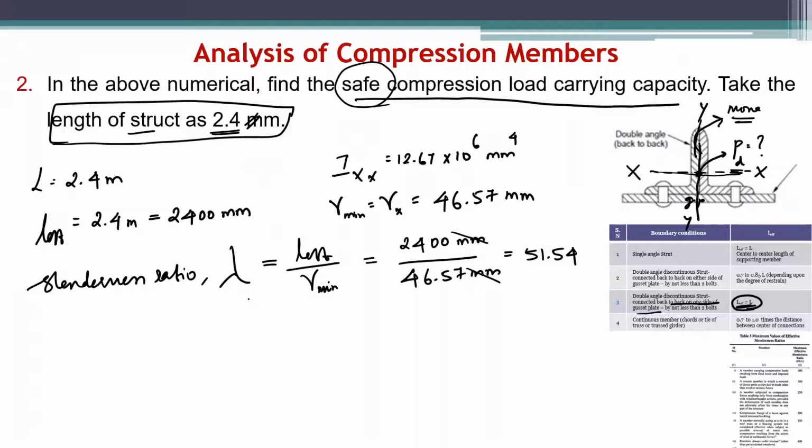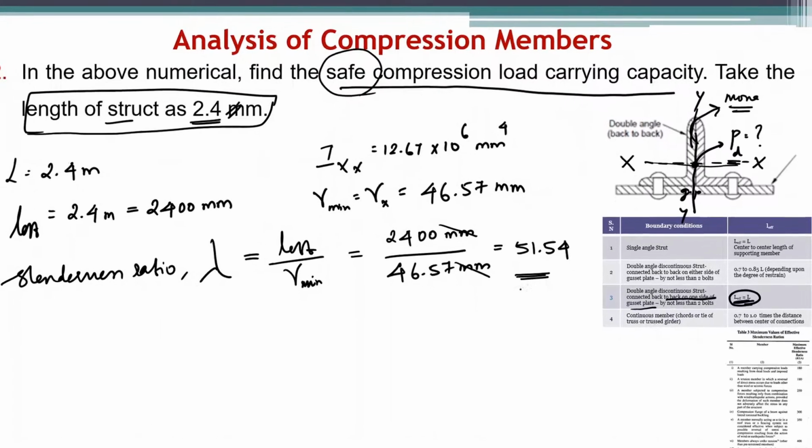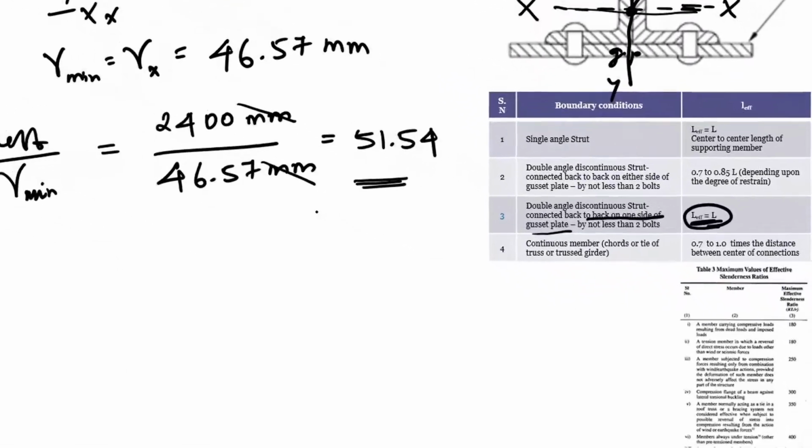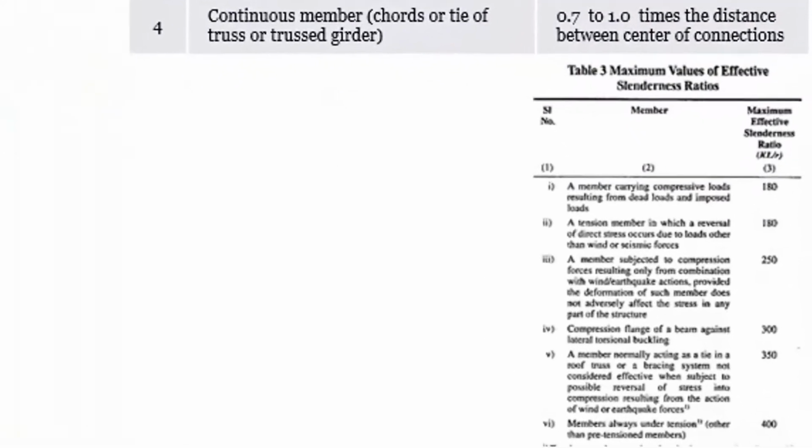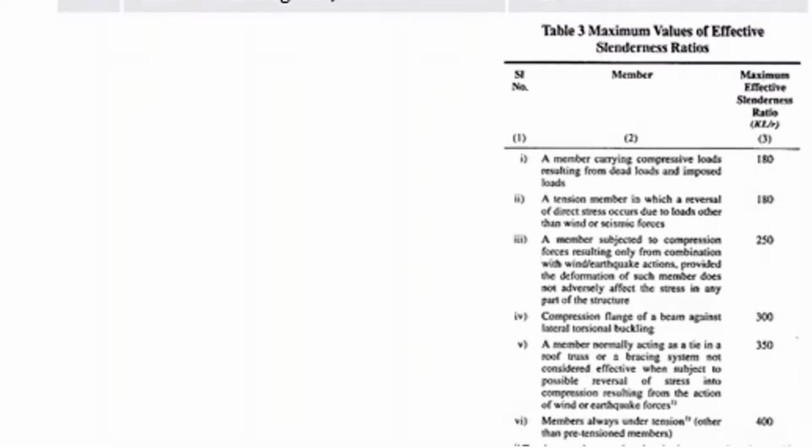Whenever we calculate the slenderness ratio of a compression member, you have to always check it with the maximum permissible value. Again, if you go back to IS 800 in table number 3, we have the maximum value of effective slenderness ratio.